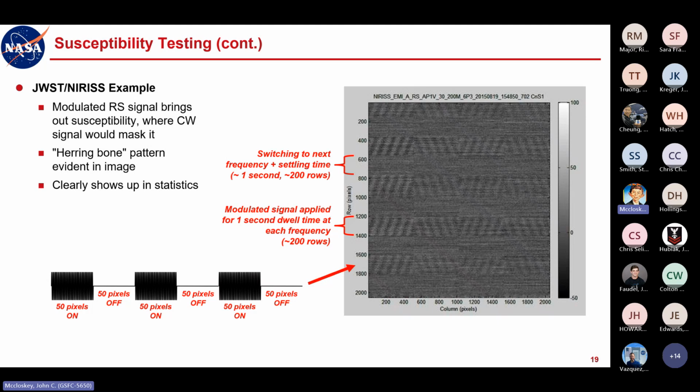And this clearly shows up in the statistics. When you take your statistics of a frame like this, then you will obviously have a greater standard deviation, and it'll bring out the problem. If you're going to be susceptible at that given frequency, it's going to exaggerate it so that you will actually see it, and that's what you want.